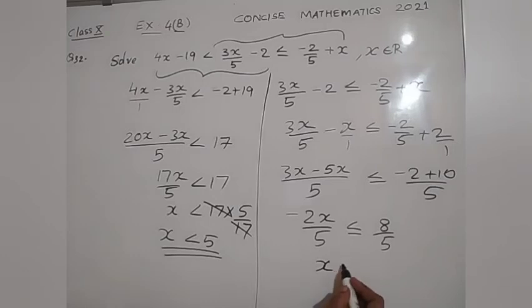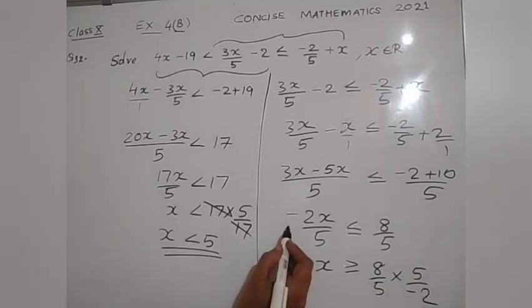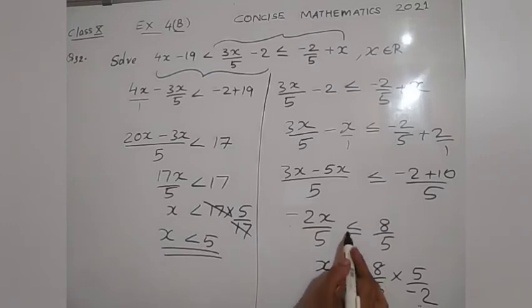That is x greater than or equal to 8 by minus 2. Or you can write 8 by 5 into 5 by minus 2 also. 5 and 5 cancelled and 8 by minus 2 is minus 4. That is x greater than or equal to minus 4.